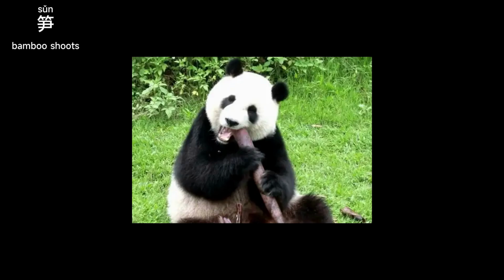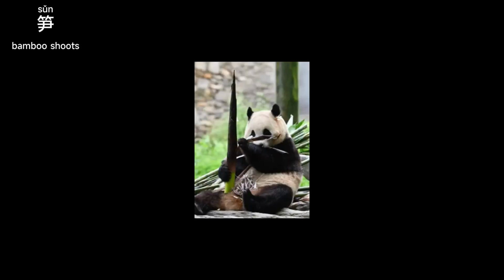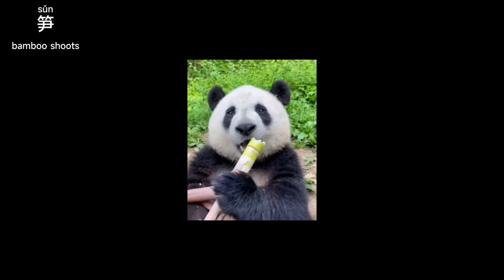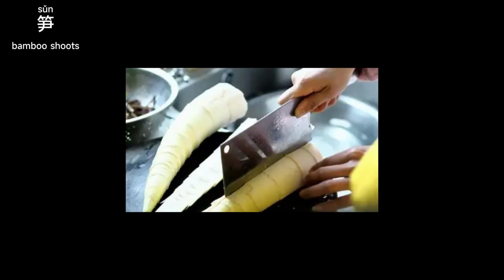Maybe you already know that pandas eat bamboo, and of course they eat bamboo shoots. And it might surprise you that not only pandas eat bamboo shoots, but also people. We human beings can eat bamboo shoots as well.